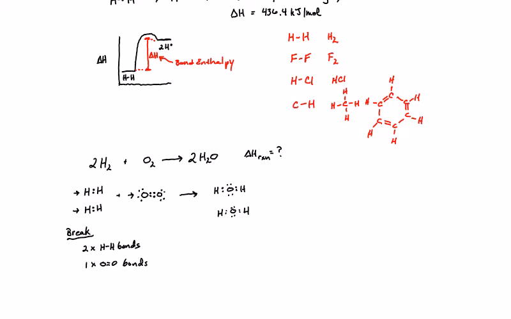Now focusing on the products, we see that we're going to be forming some bonds. We have OH bonds here that were not present in the reactants. So for one molecule of water, we have two OH bonds.